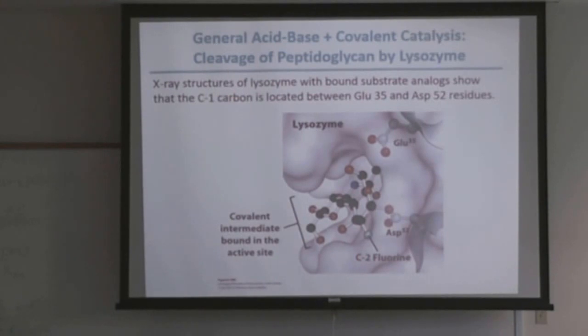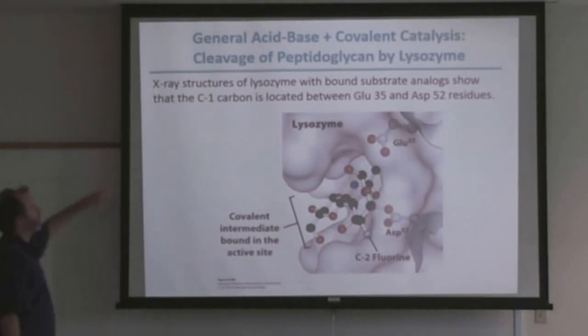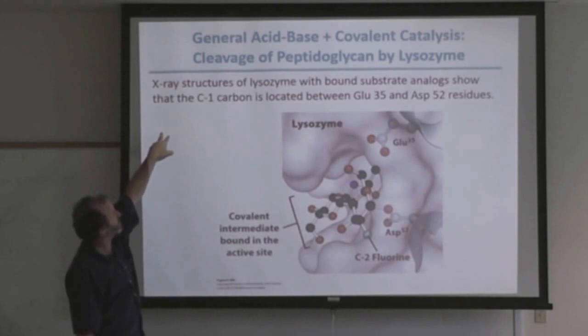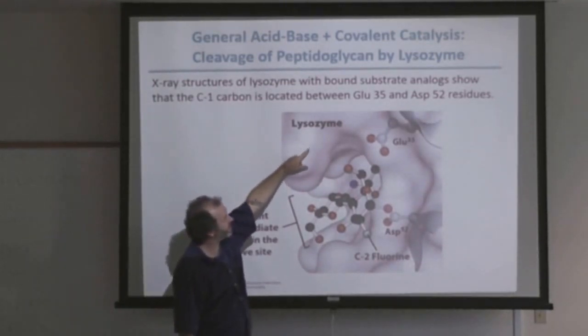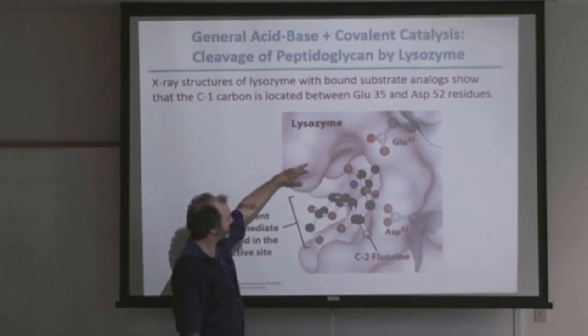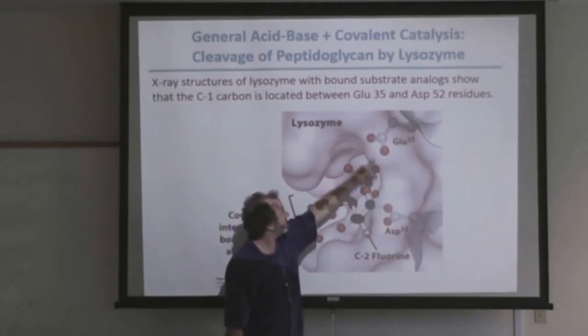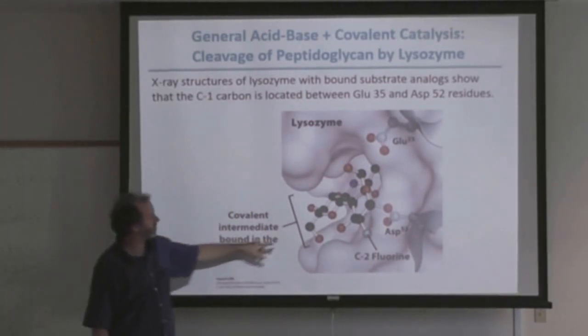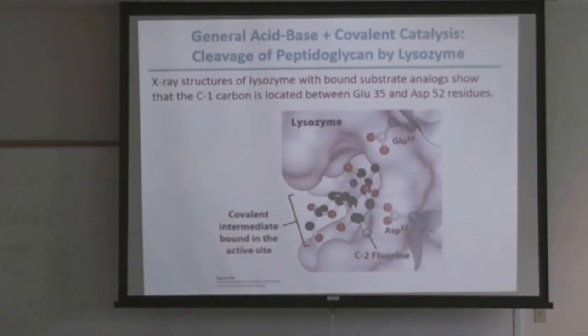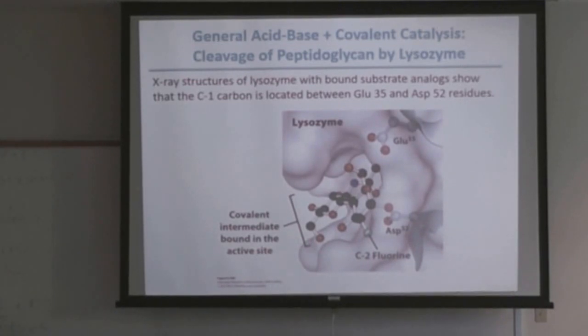So X-ray structures of lysozyme with bound substrate analogs show that the C1 carbon is located between glutamic acid 35 and aspartic acid 52 residues, right here and here. And you have a covalent intermediate that's bound to the active site in that image.